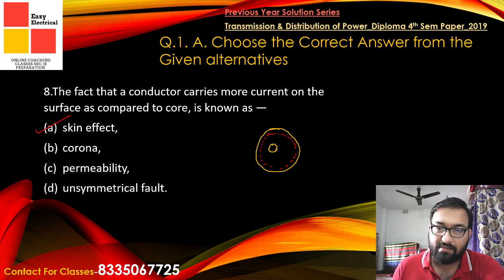Inside, the flux linkage is more, whereas on the outer sides the flux linkage is less. Because of this gradient of flux linkage, there is a change in the reactance throughout the conductor. Near the surface of the conductor, the reactance is less. As the reactance is less, the current will flow through that part only. That is another way we can explain it.